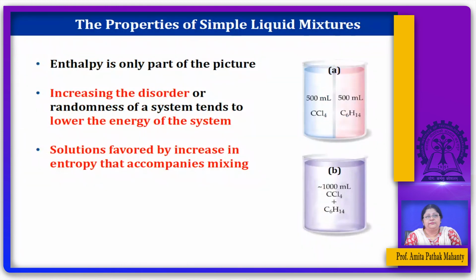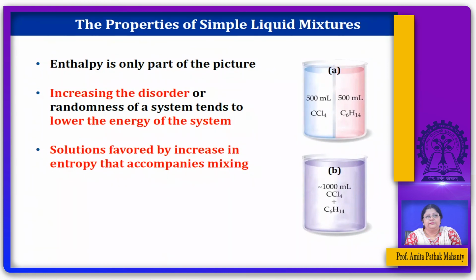Now, next, we have already discussed that the entropy of a system will always try to maximize, so that the internal energy of the system gets minimized. So if I keep increasing the disorder, then there is a lowering of energy of the system.